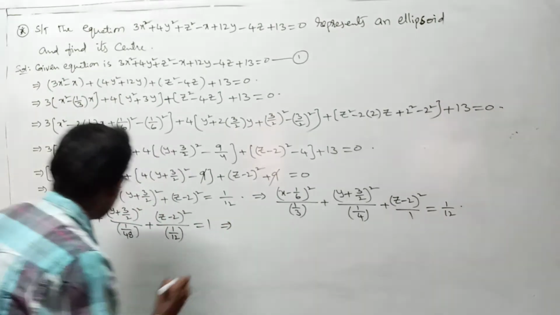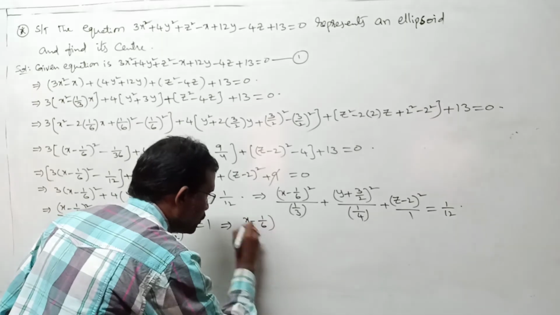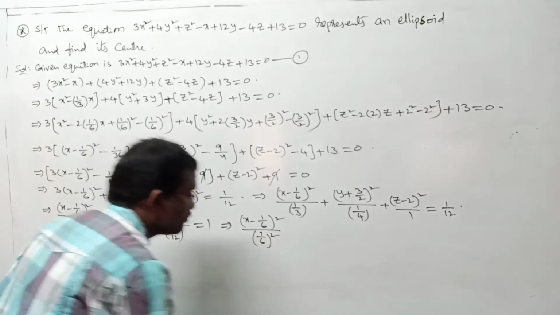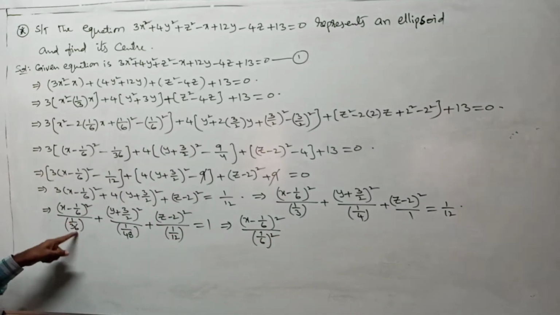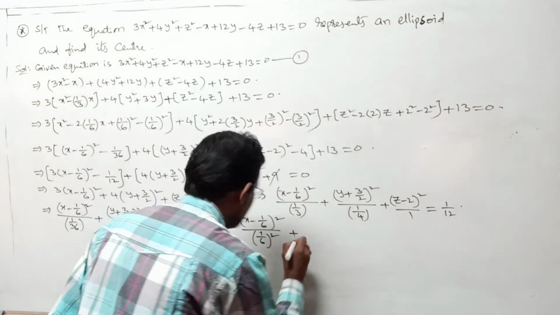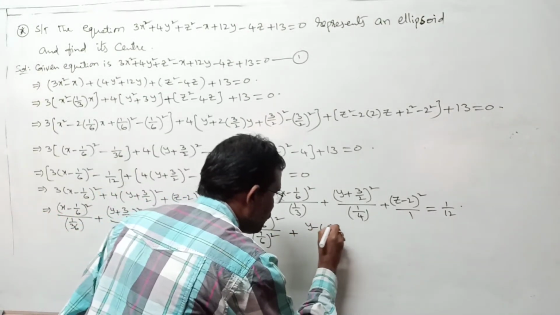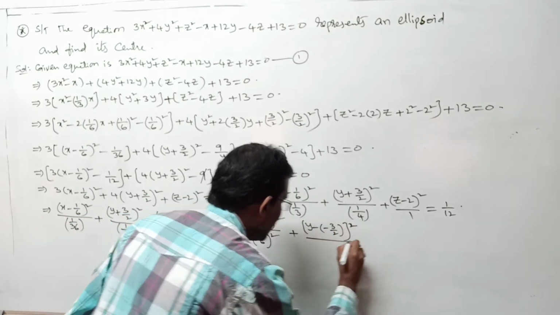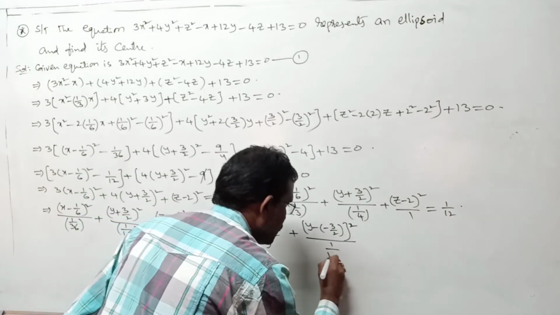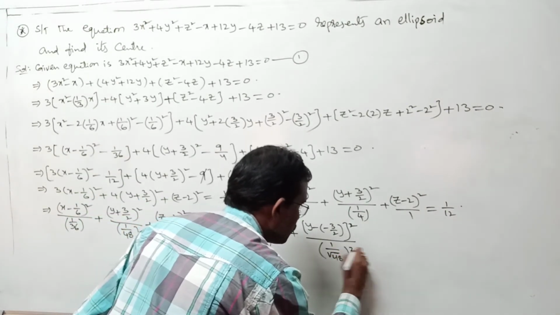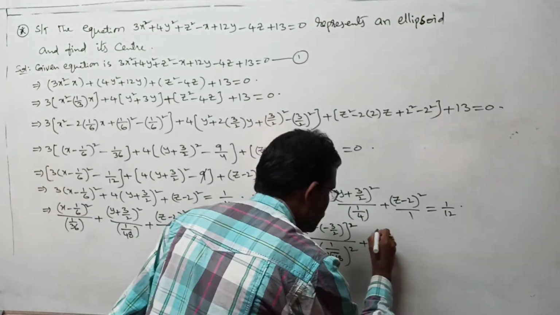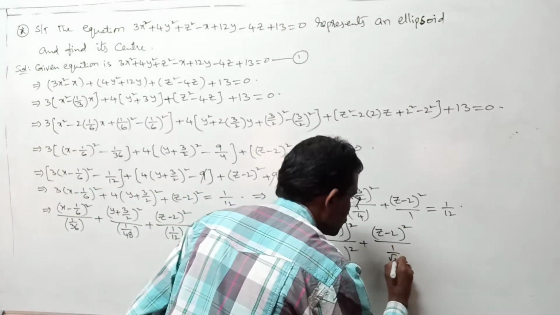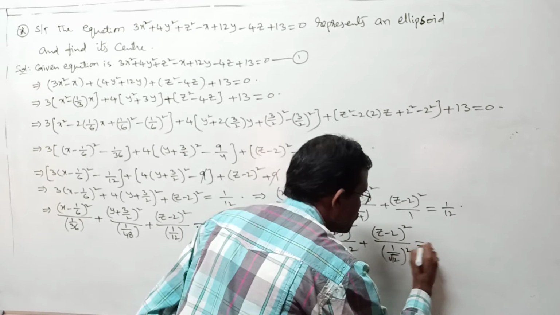Again, I am going to reconstruct this like this now: (x minus 1 by 6) whole square by (1 by 6) whole square. Any problem? Because you have to write it in square formation, (1 by 6) whole square. Plus, next one: (y minus of minus 3 by 2), I am writing in the proper way, whole square by 1 by root 48 whole square, plus (z minus 2) whole square by (1 by root 12) whole square, is equal to 1.